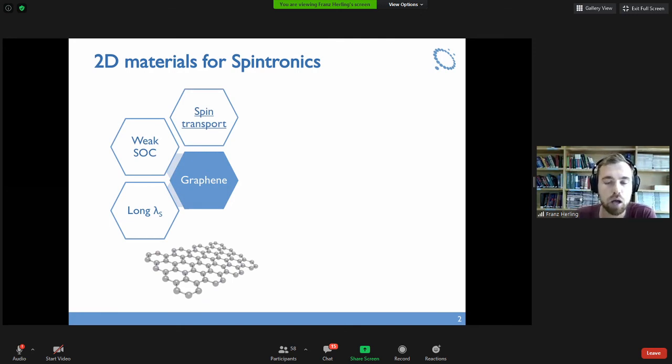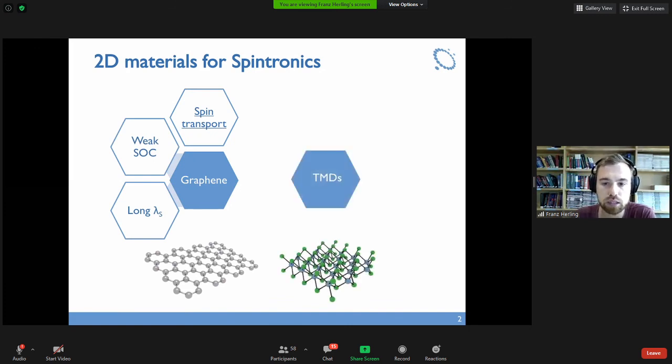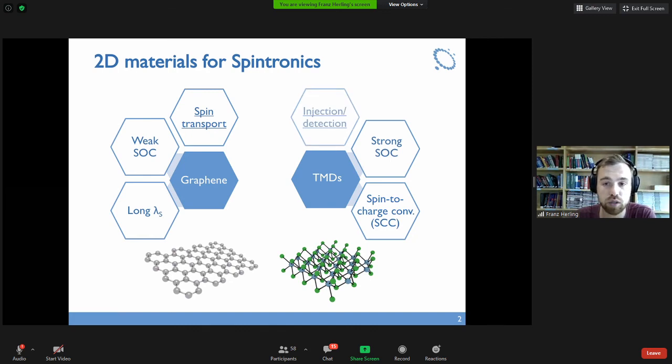Another part of the 2D material family are transition metal dichalcogenides, TMDs, that have strong spin-orbit coupling, and recently have also been shown to exhibit spin-to-charge conversion. So they are good materials for injection and detection of spin currents.